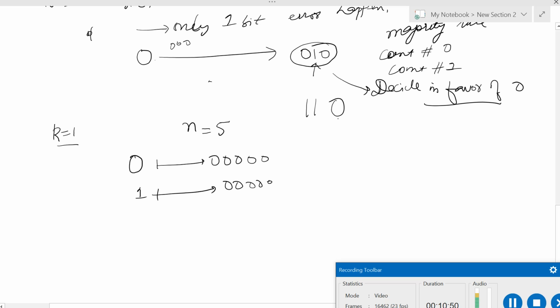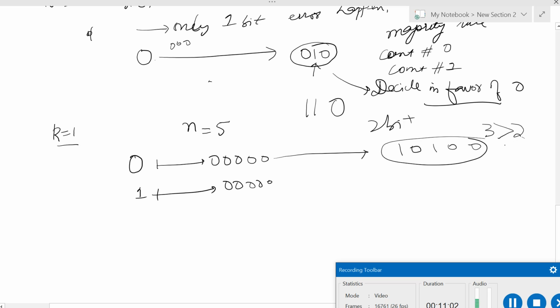Now even if there are 2-bit errors, suppose you transmitted 0 but the receiver receives 1 0 1 0 0, the number of zeros is 3, the number of ones is 2, so 3 is greater than 2, so the receiver will decide in favor of 0.